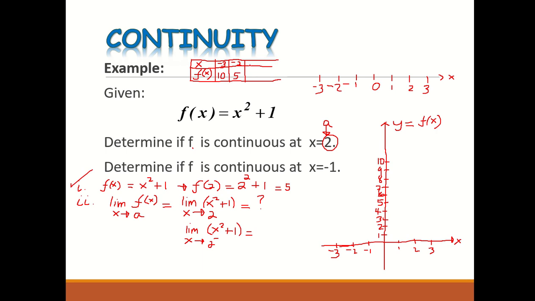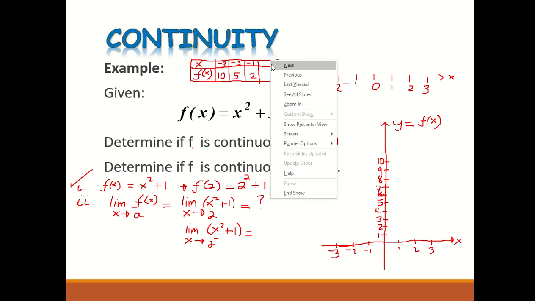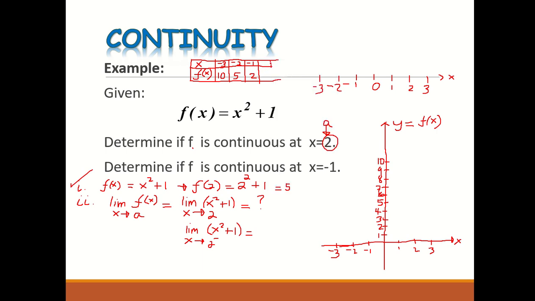And when x equal to minus 1, our f of x is, minus 1 squared is positive 1 plus 1, so this is 2. When x equal to 0, what is our f of x? 0 squared is 0 plus 1, so this is 1.